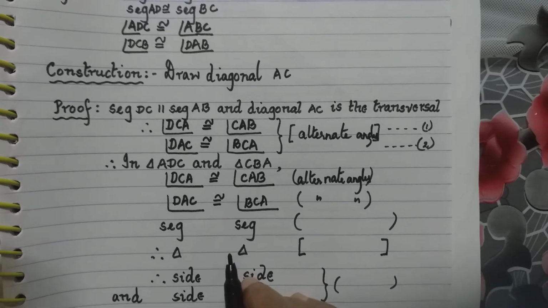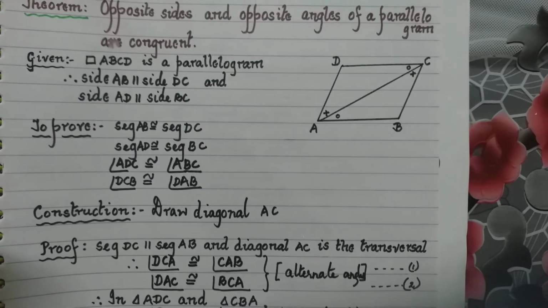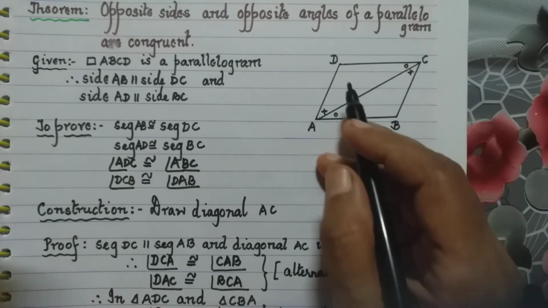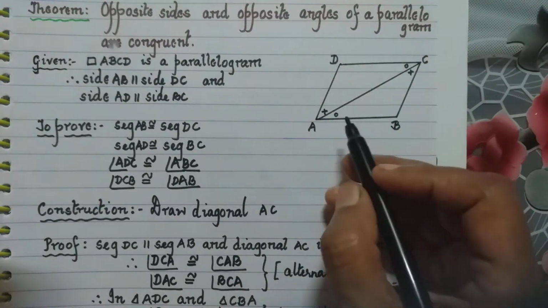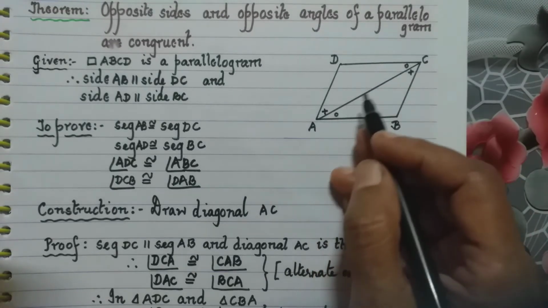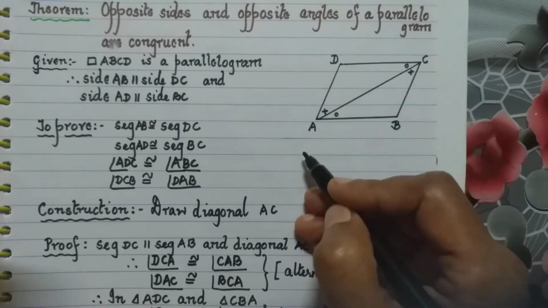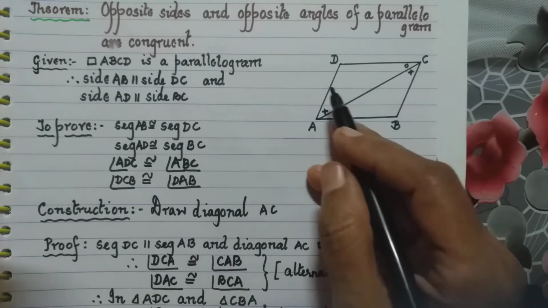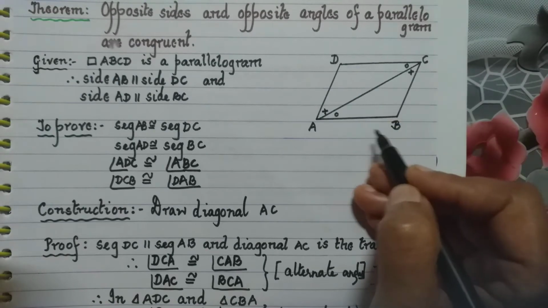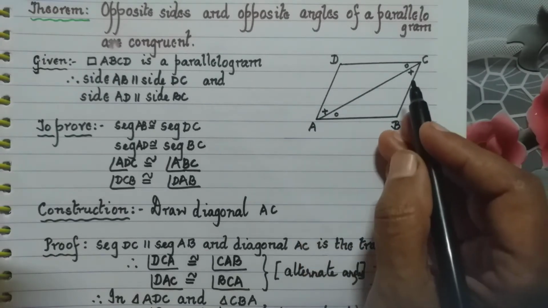Okay, we also see that one side is congruent. Now which side can be congruent? Only the side which is common to both the triangles, and it is this side, segment AC, which is common to triangle ADC and also triangle CBA.